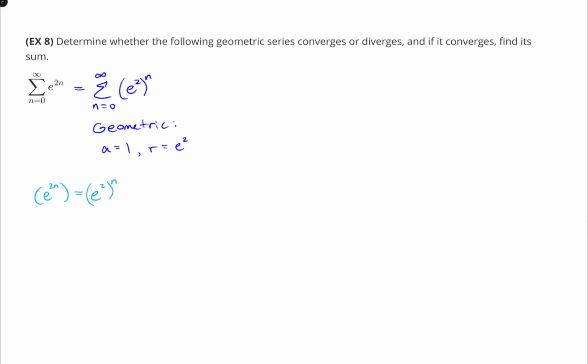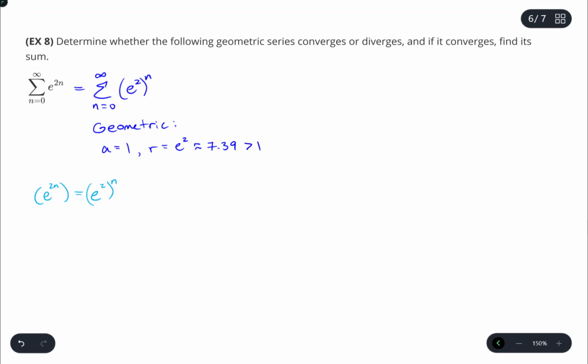So if you square that, you're certainly going to get something bigger than 1. It turns out e squared is about 7.39, but regardless, it's bigger than 1, so that tells me that this series diverges. So when r is larger than 1, we have a diverging geometric series.